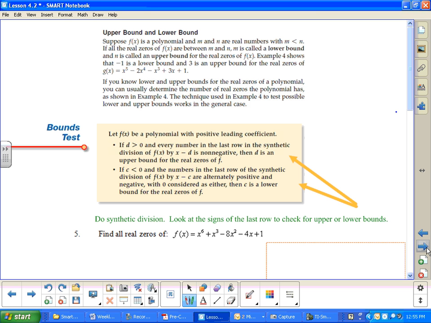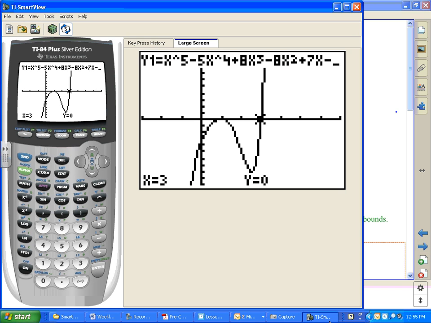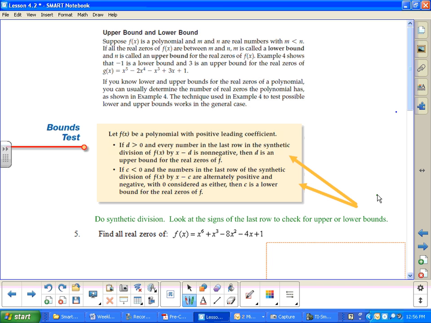How do I know that when I look at this graph, there's not a 0 over here or 1 over here? Because it says it's degree of 5, and I only see representation of 3 zeros. So how do I know there's not more off the screen to the left or to the right? Okay? And we have this thing called the bounds test, which allows us to know for sure that there aren't any out there.